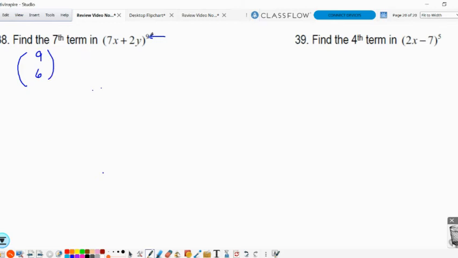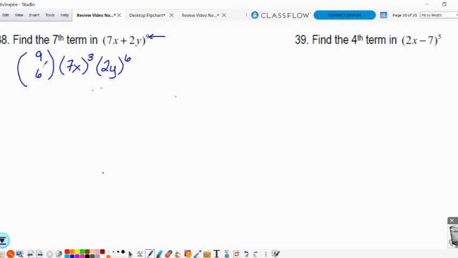And we know that our exponents must add to 9. So in our first term, it's going to be 7x to the 9th power, and then 8th, 7, 6, 5, 4, 3. In the 7th term, 7x will be raised to the 3rd power. And because our exponents must sum to 9, 2y will be raised to the 6th power.